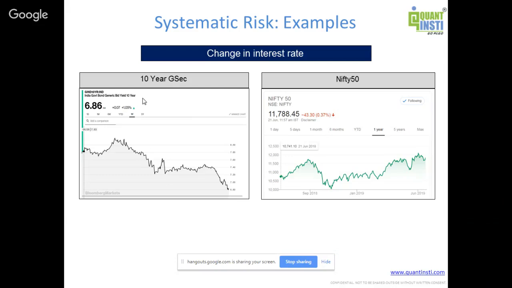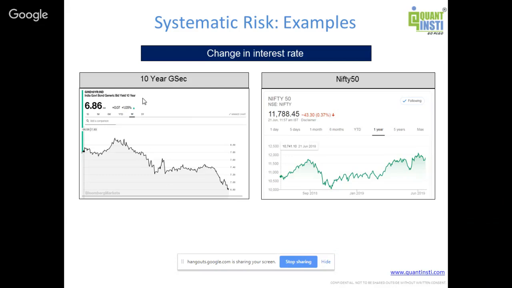Okay. At the same time, if you see the returns of Nifty, it went from 10,000 to 12,500, which is almost 20%. It is not directly proportional. Like, I reduced interest today and the market went up tomorrow, it doesn't work that way, but it takes time to get the effect into the market. Over a long period of time, if the interest rate reduces, overall the industry, all the firms, try to do better because their cost of capital becomes cheaper.